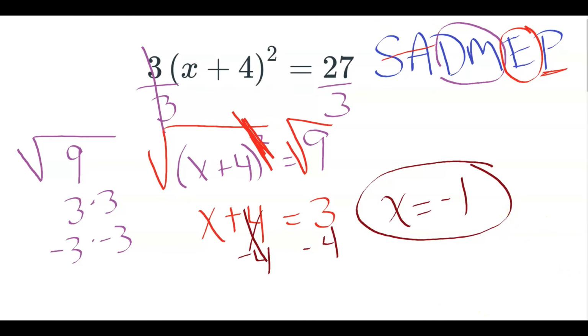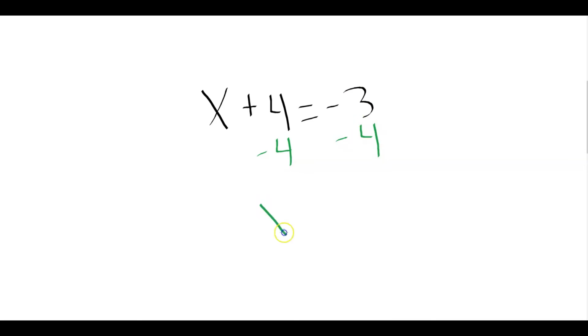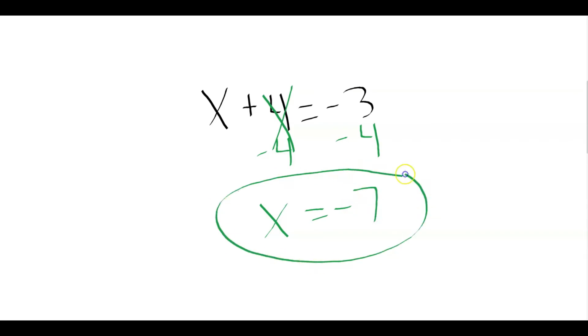We just said the square root of 9 is 3. Well, if we change that and we say the square root of 9 is -3, then we have a different equation. I have x plus 4 equals, instead of the square root of 9 being 3, I put a -3. That's going to change my answer, because now when I subtract 4 from both sides, I'm going to get x equals -3 minus 4 is -7. That's where I'm going to get that other answer.